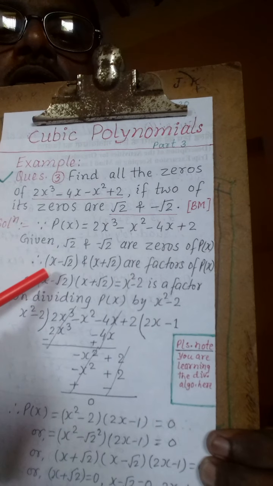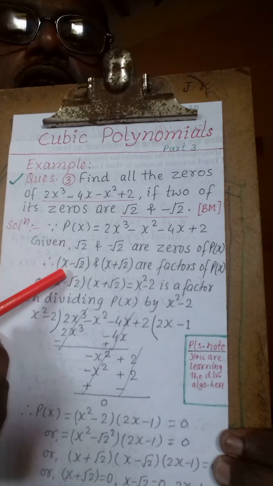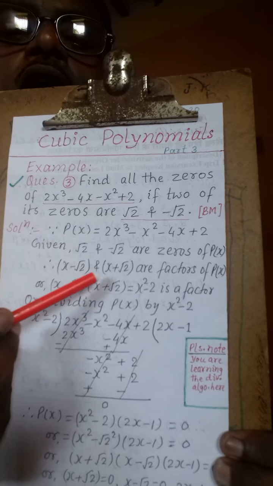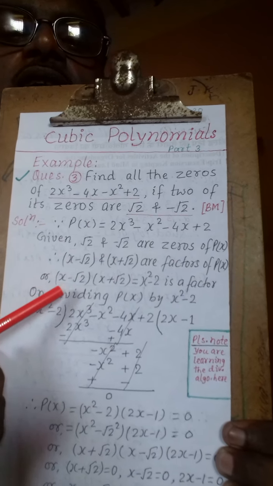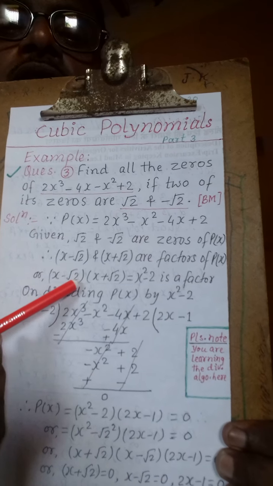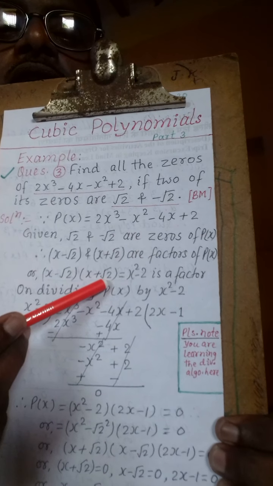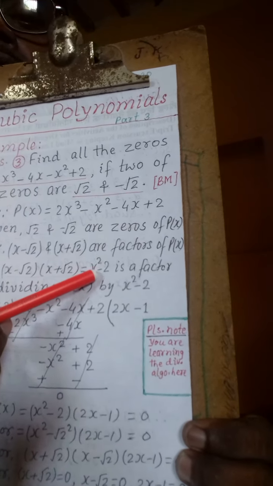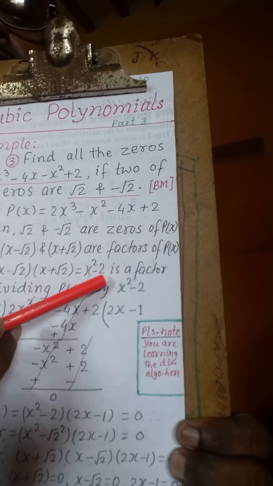And now we will find the product of both factors, and we get (x minus root 2) into (x plus root 2) is equal to x square minus 2.